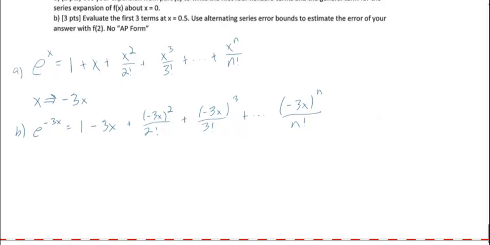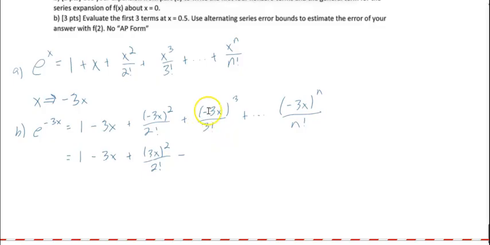I'm going to write equals 1, and then minus 3x. And then I'm just going to take note that I'm really only simplifying one thing here. This negative is going to get squared out. So I'm going to write plus 3x squared. You could write it out as 9x squared if you wanted, but I'm just going to leave it like that, over 2 factorial. And then this is another spot where I'm going to change it.